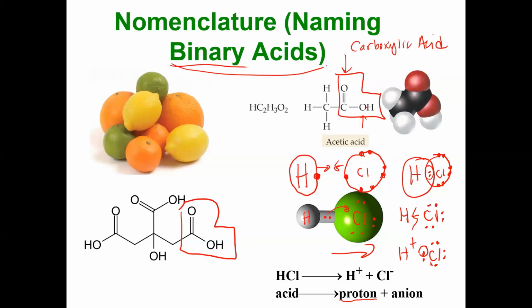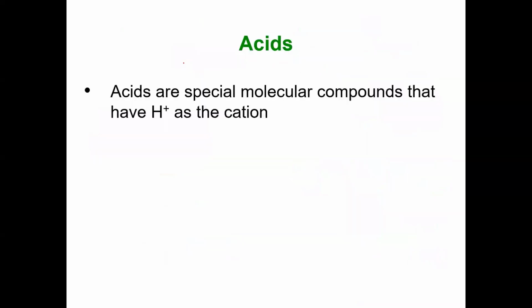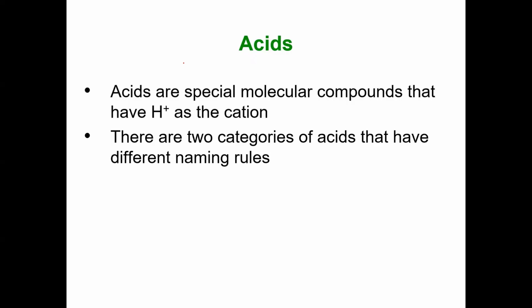And binary acids are basically covalent compounds. When you throw them in water, they dissociate to give you ions, and one of them has to be a proton. So acids are special covalent or molecular compounds, and the cation is a hydrogen ion or a proton.